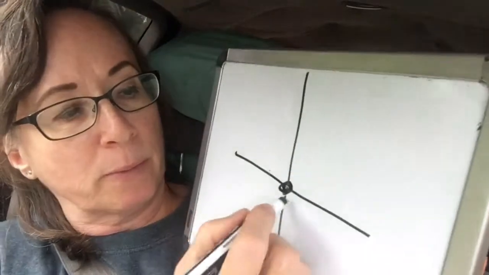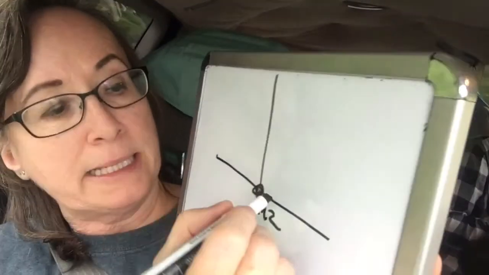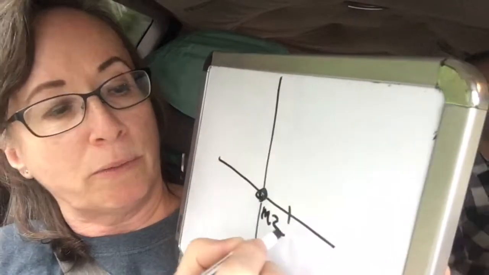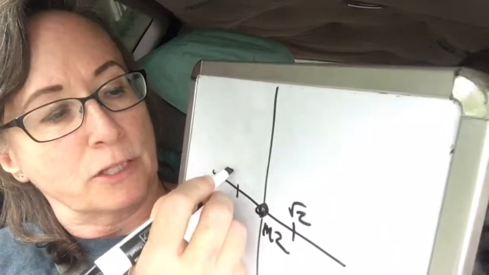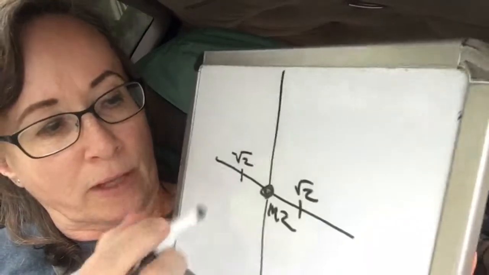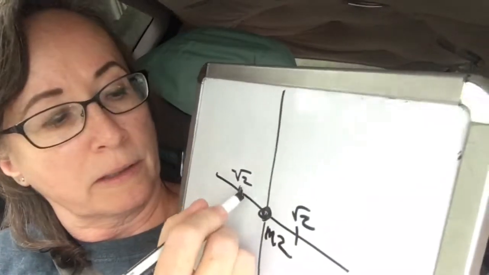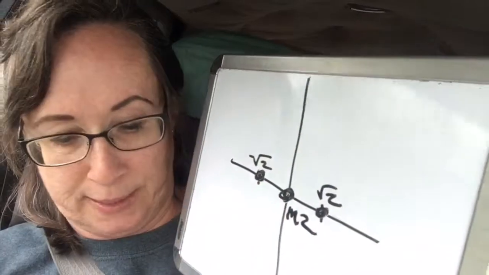So we have 0, but we have a multiplicity of 2. And then we have positive the square root of 2, and negative the square root of 2, are our zeros. So we're going to go through those 2, but we're going to pop this one.